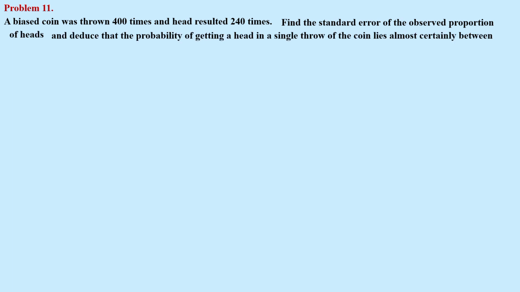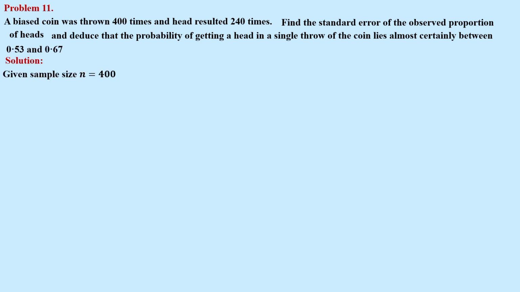Next problem. A biased coin was thrown 400 times and the head resulted 240 times. Find the standard error of the observed proportion of heads and deduce that the probability of getting a head in a single throw of a coin lies almost certainly between 0.53 and 0.67.